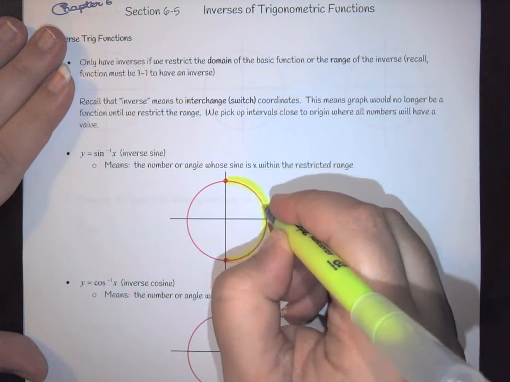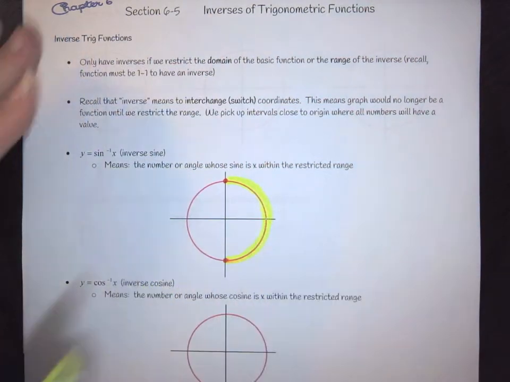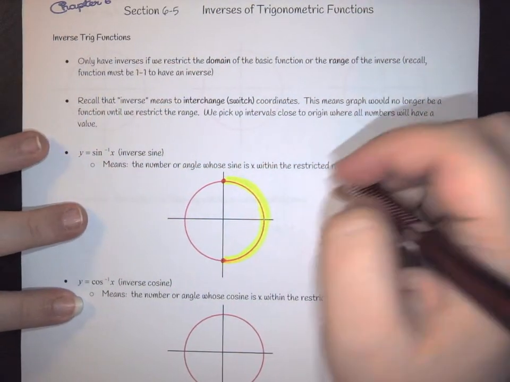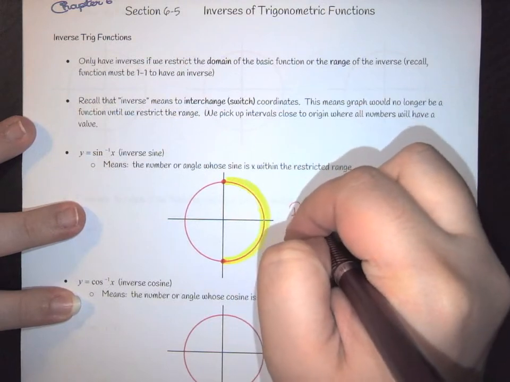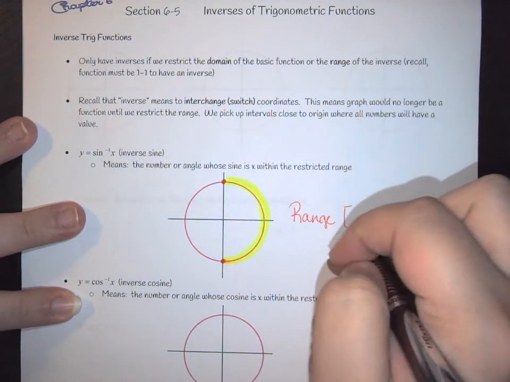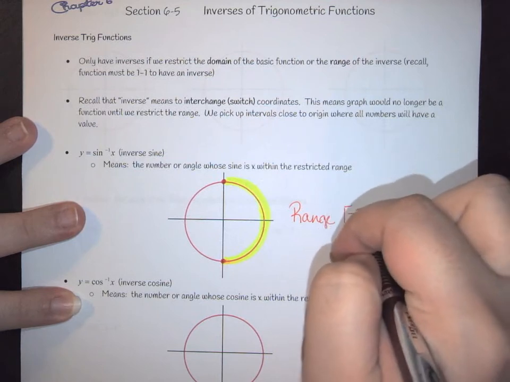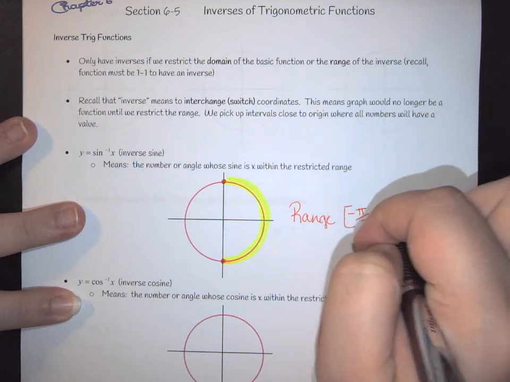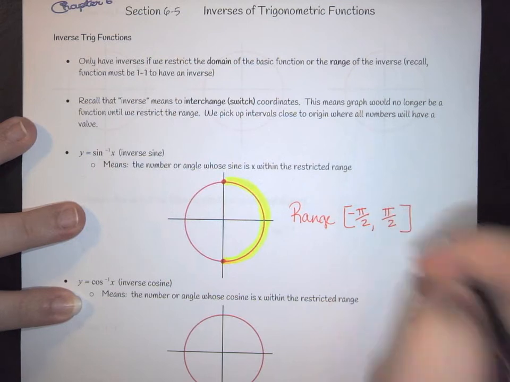So we have a range where we are restricting ourselves from negative pi over 2 to pi over 2.